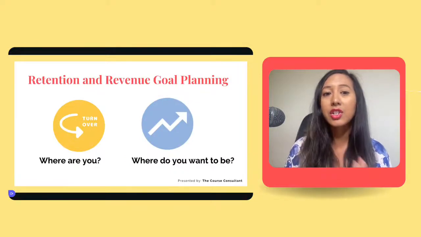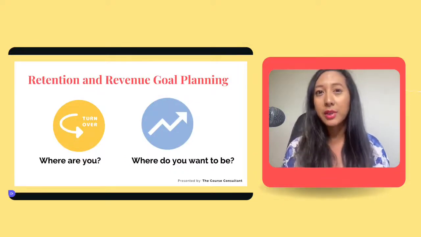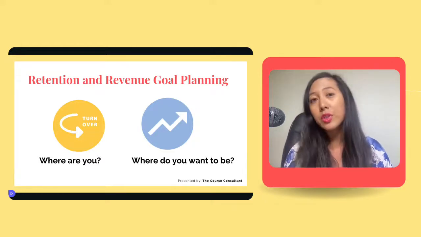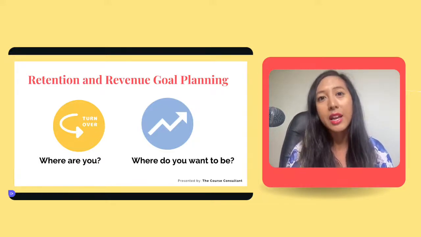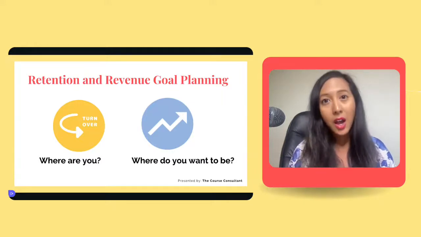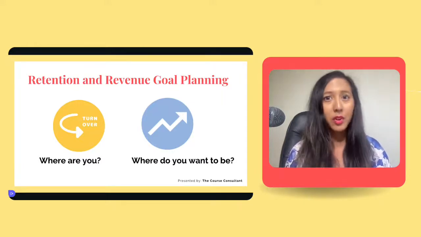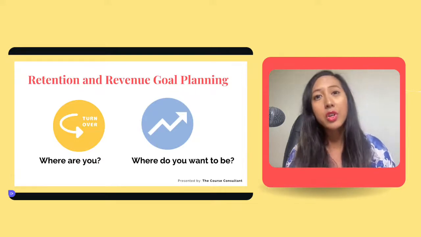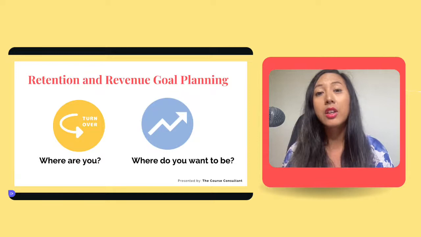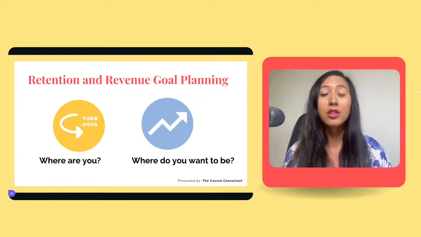So retention and revenue goal planning: the first thing we need to evaluate is, where are you in terms of your revenue goals? Have you hit the monthly recurring revenue goal that you want? If not, where do you want to be? Are there some changes in your group coaching program, membership, or agency that you want to make over the next month or the next 3 months?